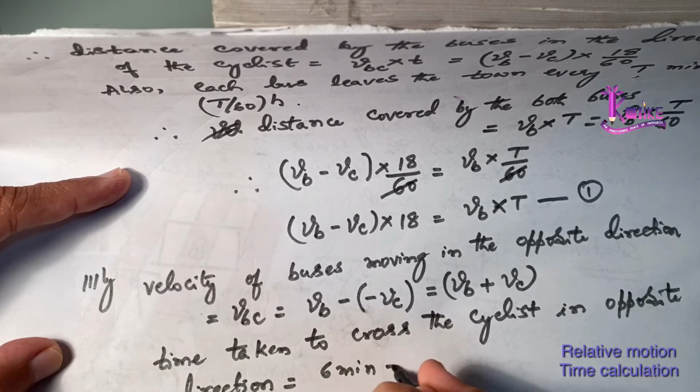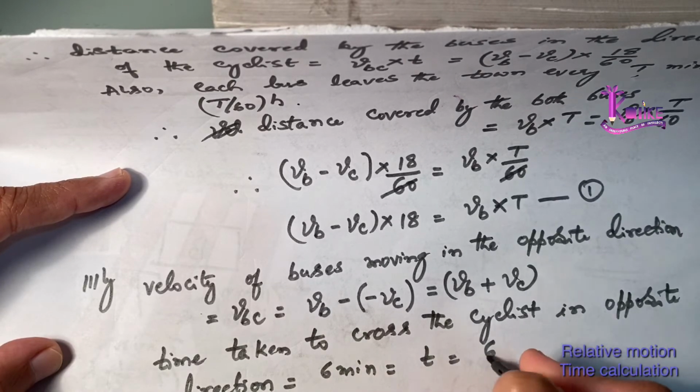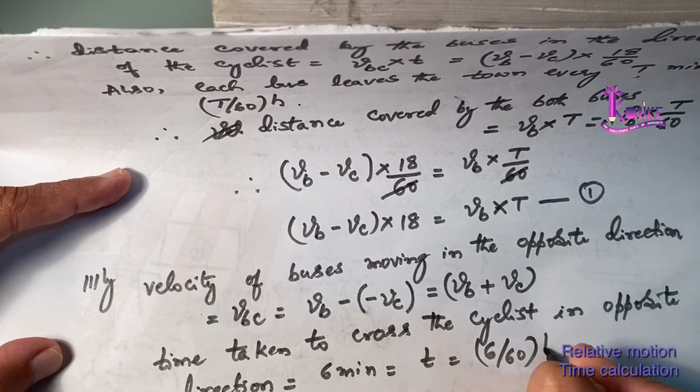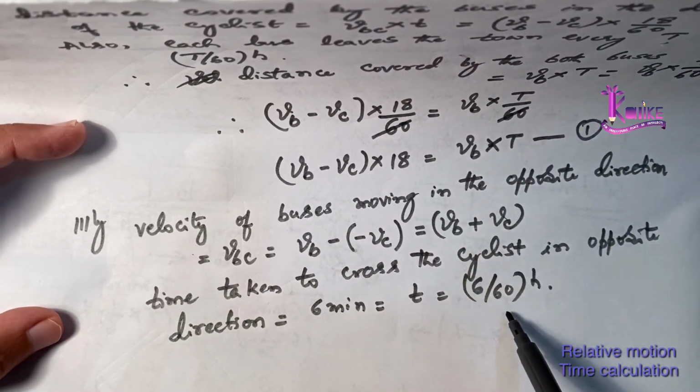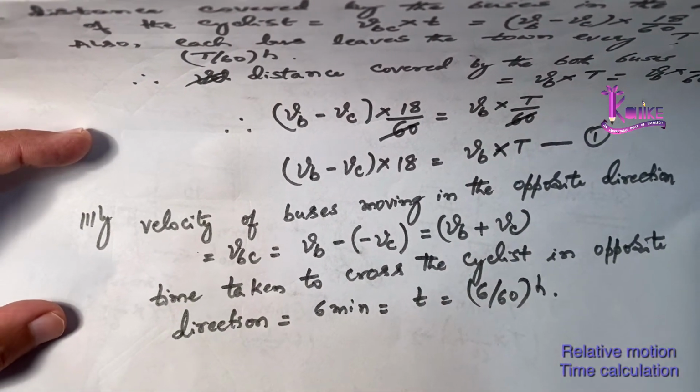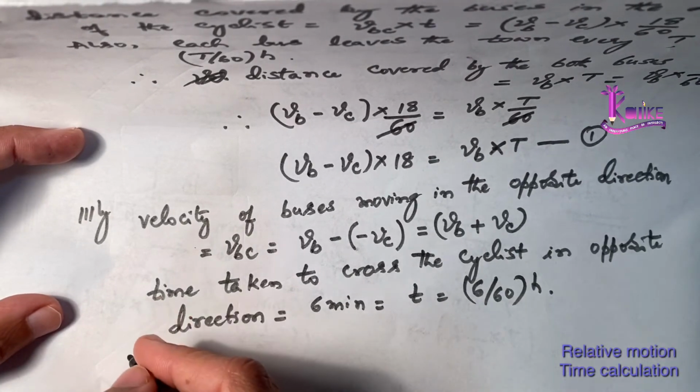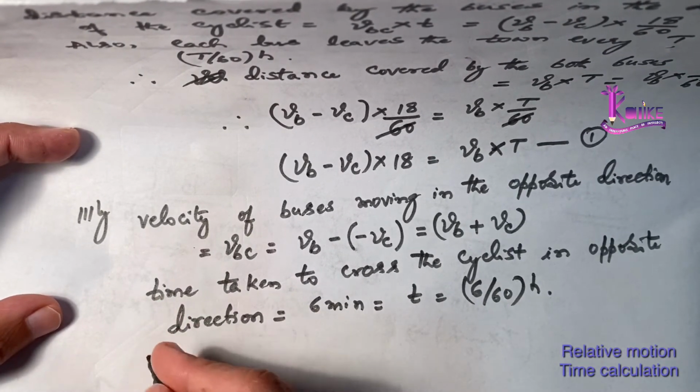So 6 minutes can be written as t is equal to 6 by 60 hour. So therefore you know the velocity of the buses moving in the opposite direction and the time it takes. You can even calculate the distance traveled by the buses moving in the opposite direction to the cyclist.